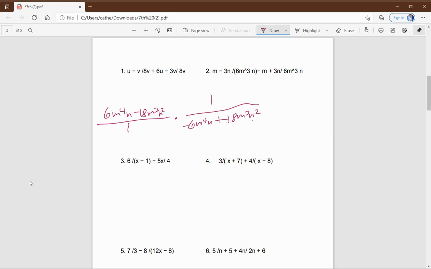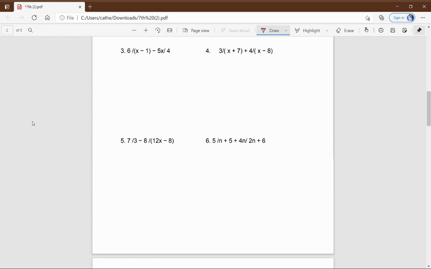And if we cancel that out, we will just get negative 1 here. So that all equals negative 1. And this is going to take some time.